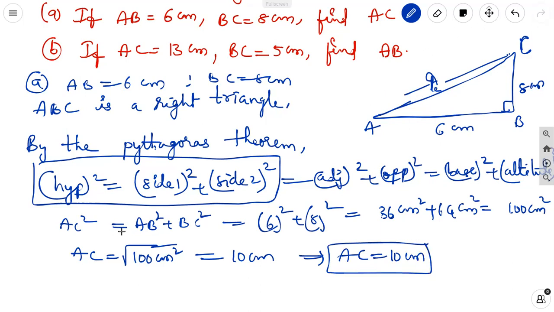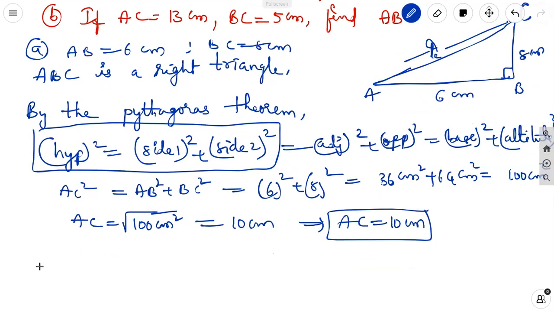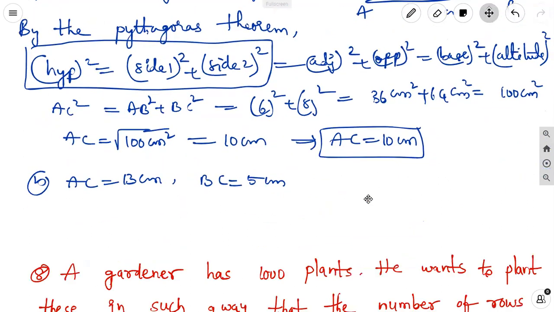Next, in the second case, AC equals 13 centimeters and BC equals 5 centimeters. By the Pythagoras theorem, AC square equals AB square plus BC square.